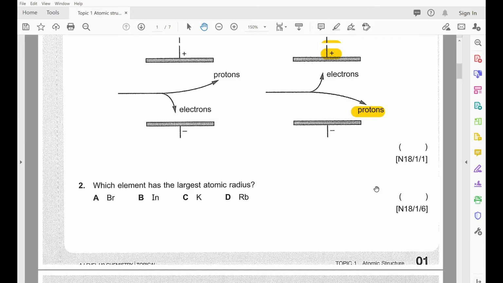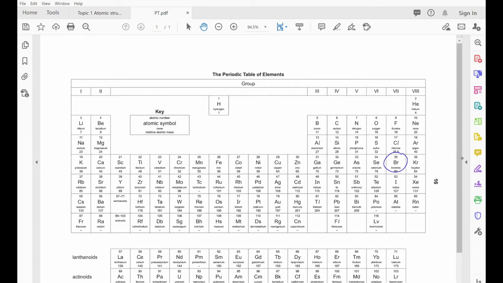Question 2. Which element has the largest atomic radius? So if you go to the periodic table, bromine, indium, potassium, and rubidium are here. As you go down the group, radius increases because there are more electron shells occupied.